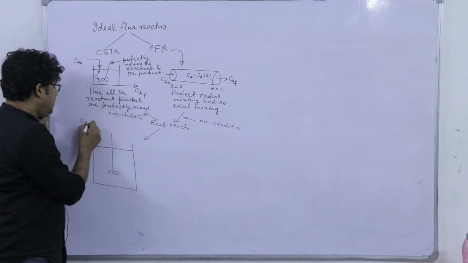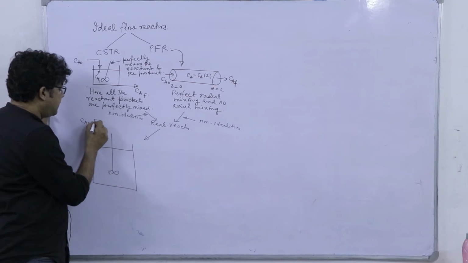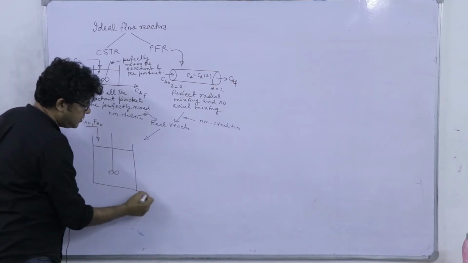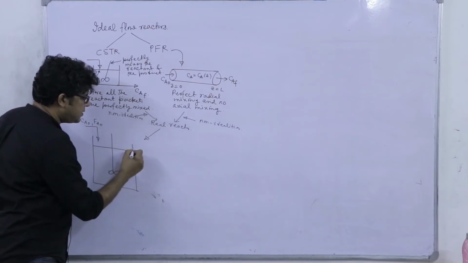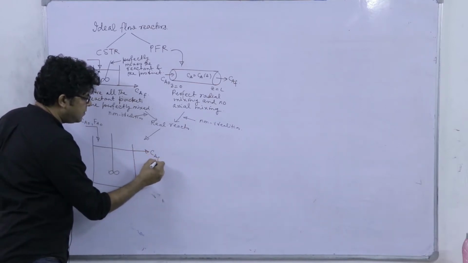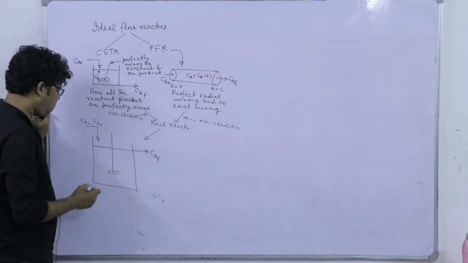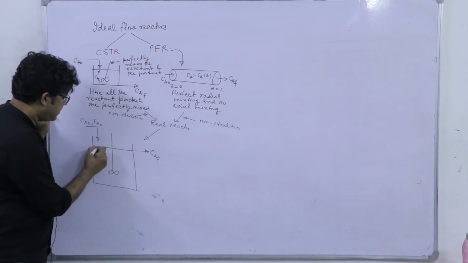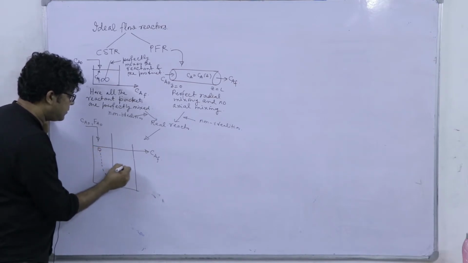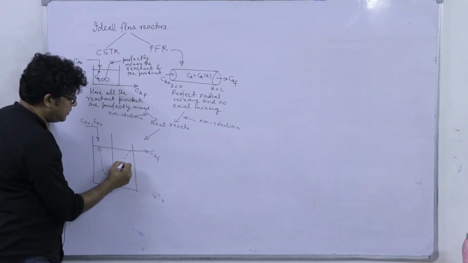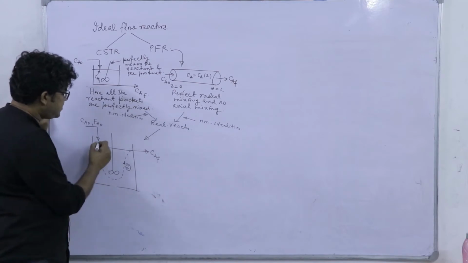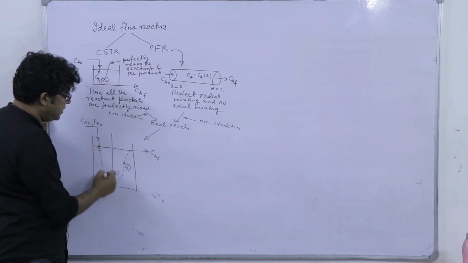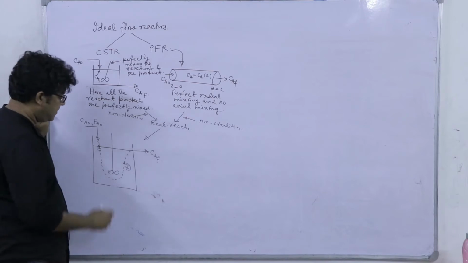We have Ca0, we have Fa0, here we have CAF, outflow. Now, let us say this is pathway 1. A reactant packet enters here, it moves like this and goes out.